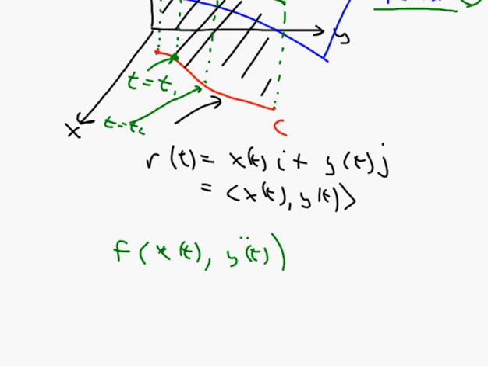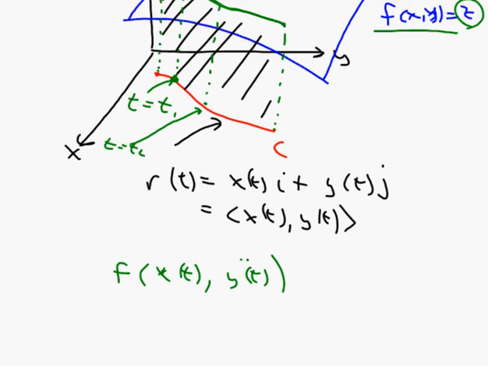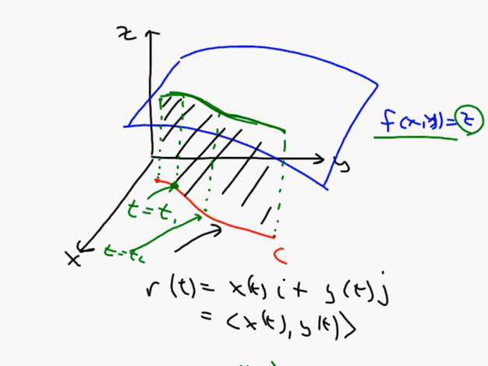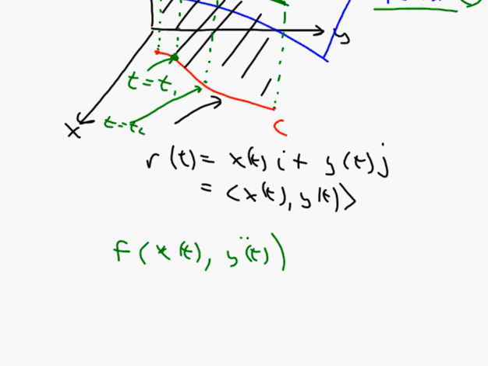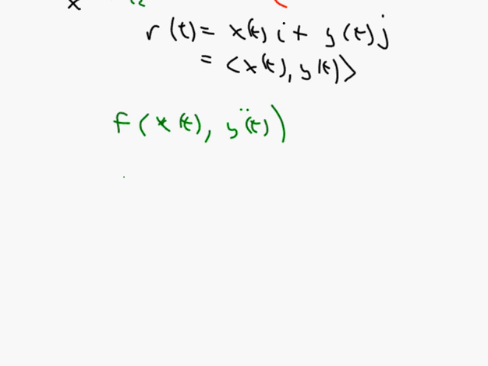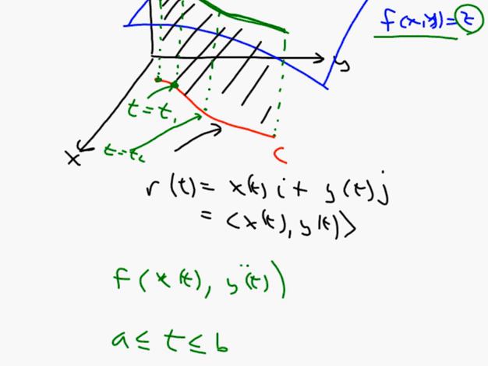All right? And what's nice about this is that a single variable t now is giving me points along this green path. And while we're at it, let's denote a domain for t. Let's say that a is the lower bound for t and b is the upper bound for t. And that means that at this endpoint here, t is equal to the starting value a, and at this point over here, t is equal to the ending value b.